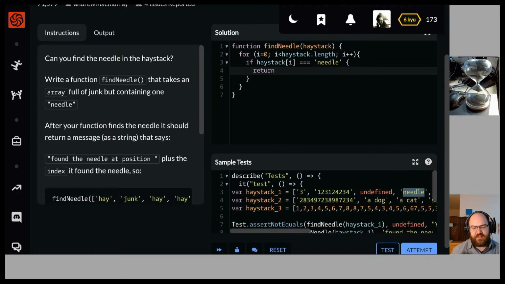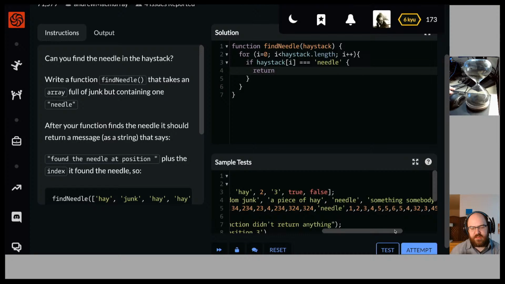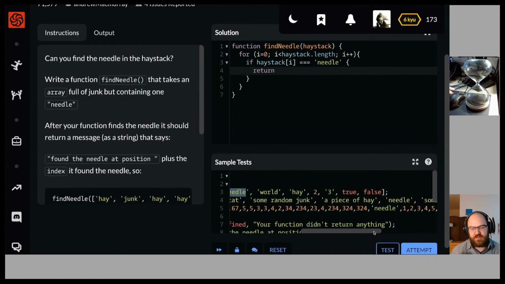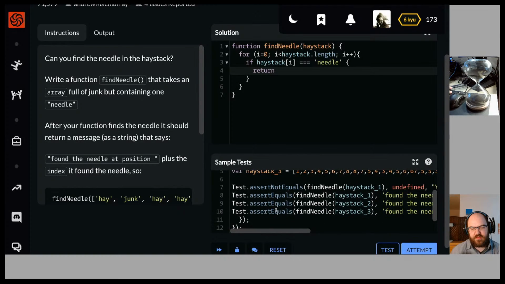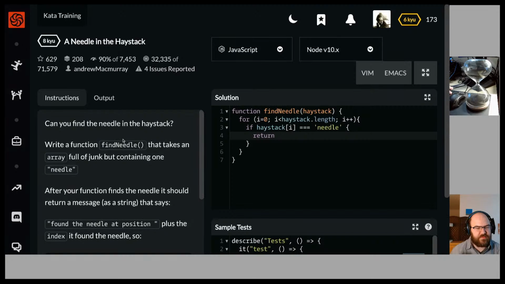Are we ever gonna not find the needle? I think we're always gonna find the needle. Array full of junk but containing one needle.